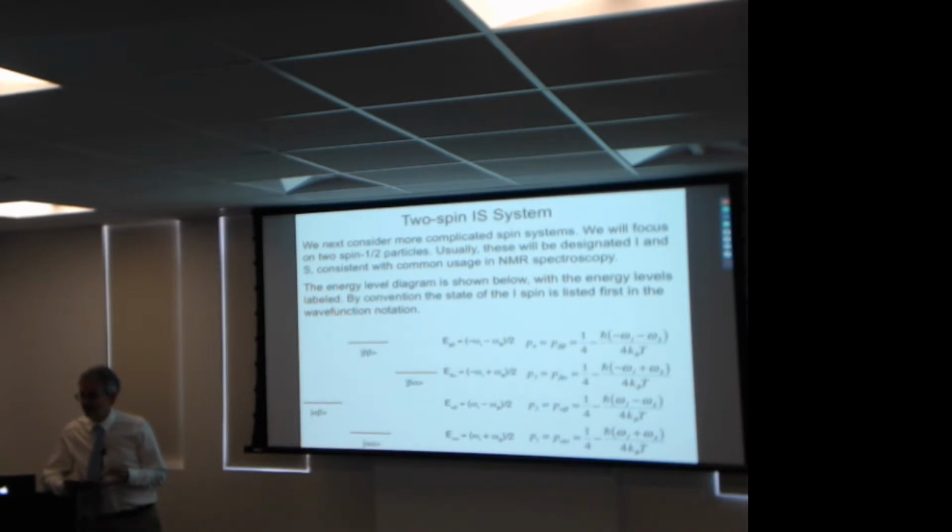So these are ordered: the first element is the I spin, the second one is the S spin. In any event, we can just work out what the energies of each of these are, because the energies are additive. So here are the energies if we didn't have this J coupling, just the chemical shift.